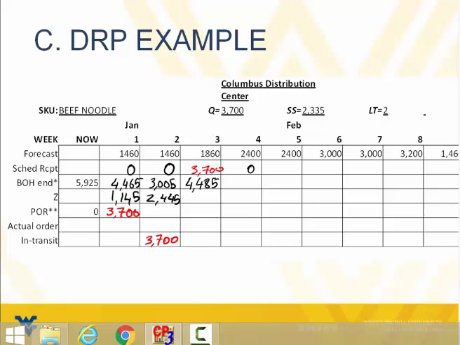So to calculate our Z value, we add up these two values and we subtract these two values. And that gives us a Z value of 45. So clearly 45 is less than our safety stock. So we have a planned order release, which I'll put in a different color.